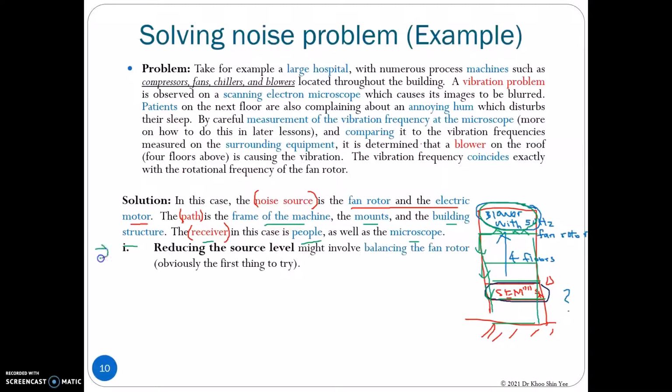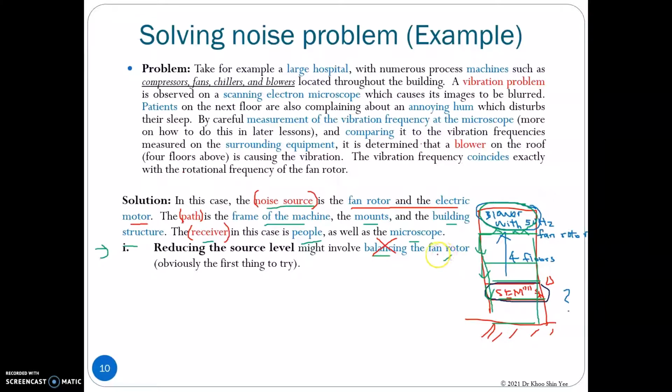For the noise control, first of all, we can try to reduce the noise source level. One of the ways to reduce the vibration of the fan rotor is through balancing. Balancing will not be useful if it is a structural dynamic problem where you have resonance cases.